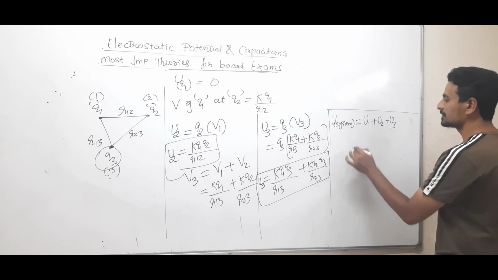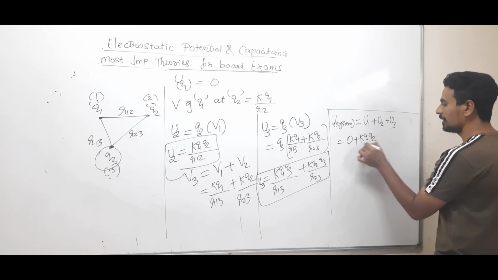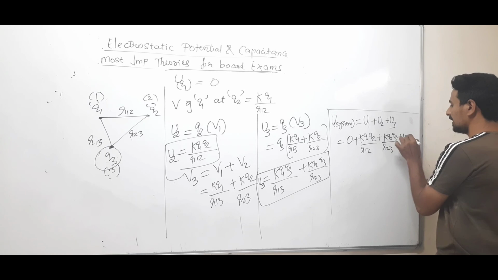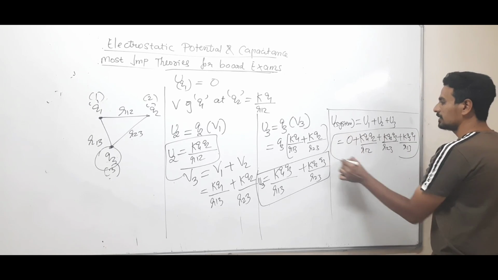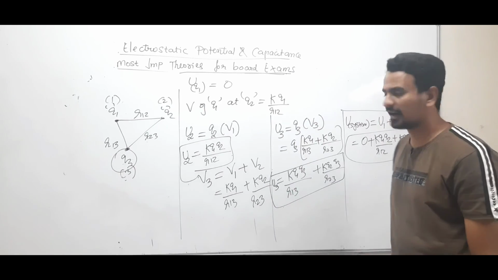First charge, there is no potential energy, 0. Second will have an energy k q1 q2 by r12. Third will have the energy k q2 q3 upon r23 plus k q3 q1 upon r13. Clear? This is how you can find the potential energy of a system of charges.